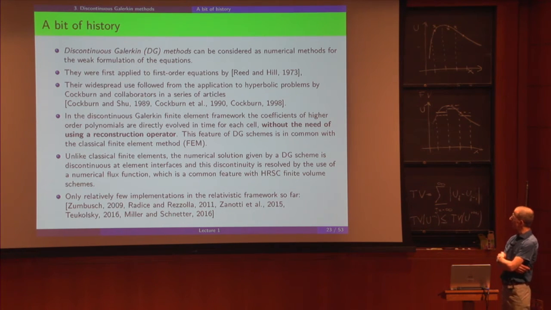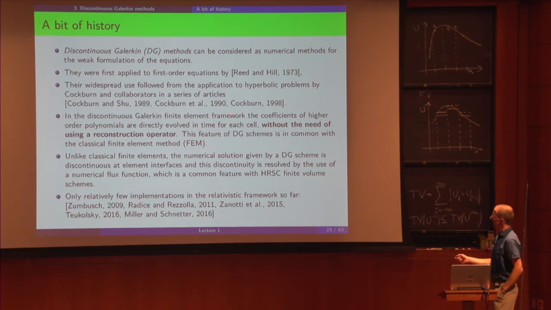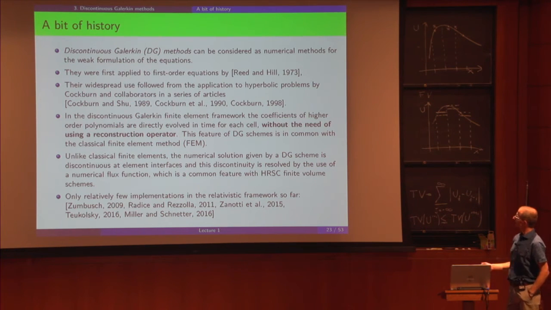However, their application to hyperbolic problems in general has become possible only after the early 90s due to these important contributions. In this framework, as we said at the very beginning, we are evolving in time the coefficients of an expansion with respect to a basis.